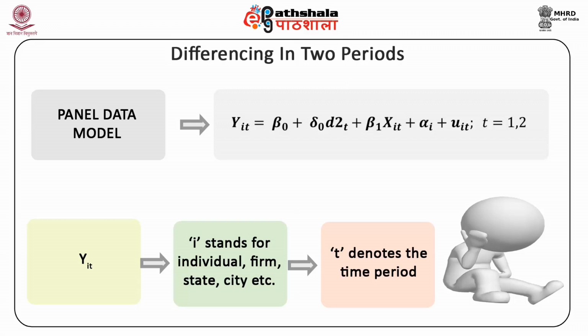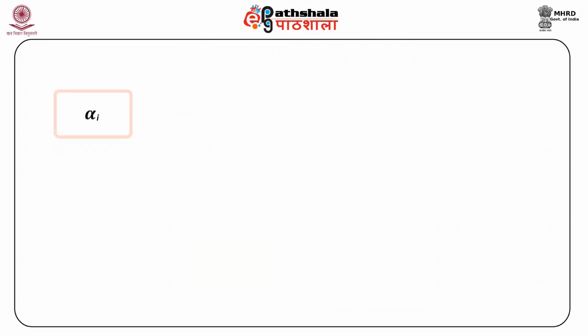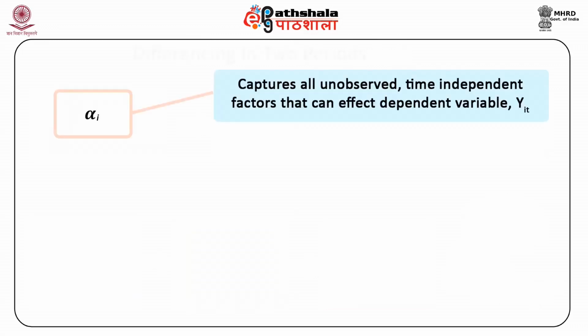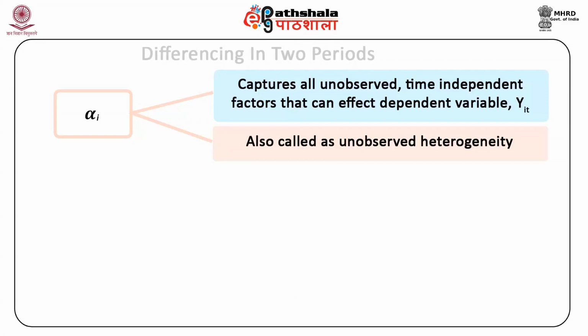Therefore, the intercept for time period t = 1 is beta_0 and the intercept for t = 2 is beta_0 + delta_0. Alpha_i captures all unobserved time-independent factors that can affect the dependent variable y_it. Generally, alpha_i is called an unobserved effect.